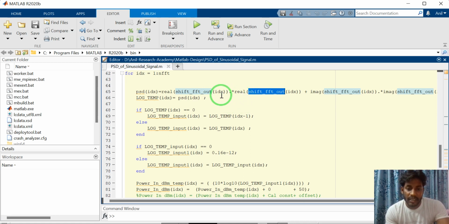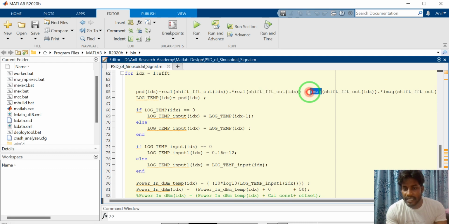It means, see here, this is the FFT data. So real data of FFT is multiplied by real data of FFT plus imaginary data of FFT is multiplied by imaginary data of FFT.